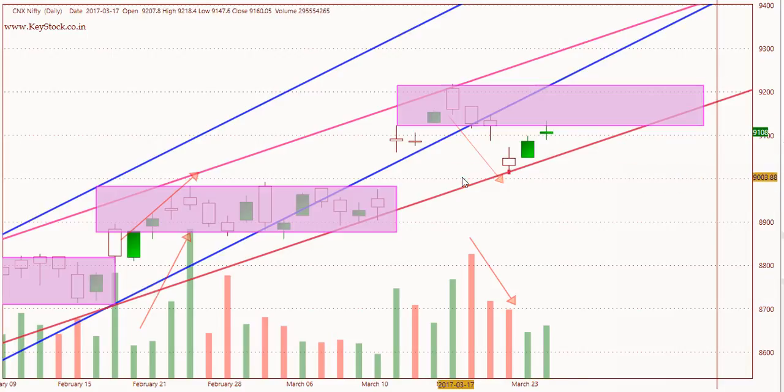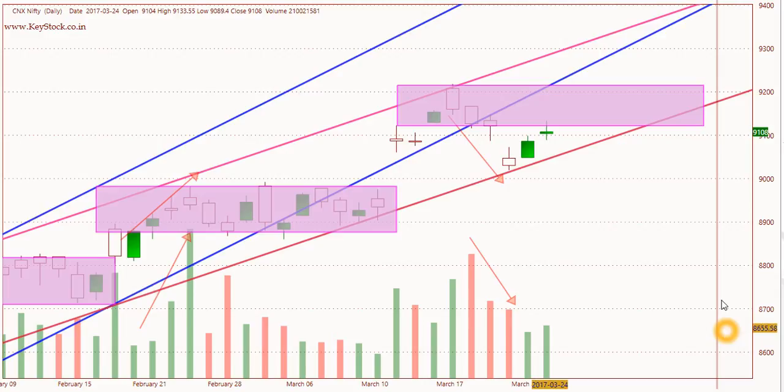And 9,000 to 8,970 may be a good support zone going forward. In summary, my view is that smart money is in distribution mode and we can see more volatility in the near term.